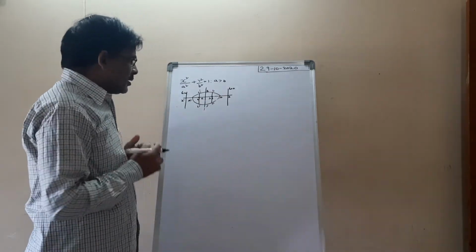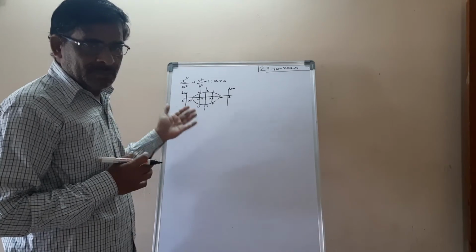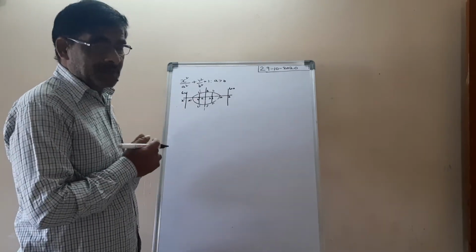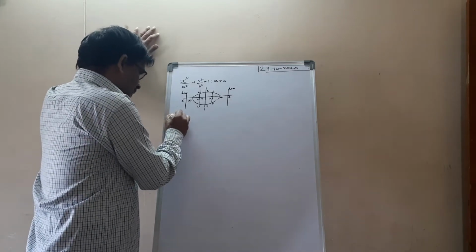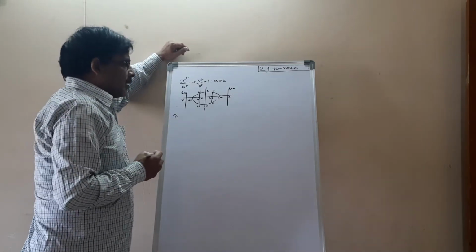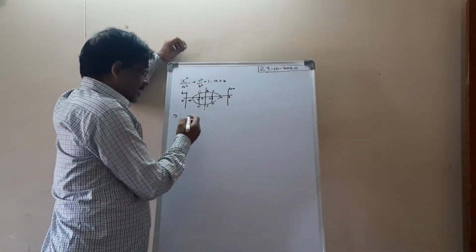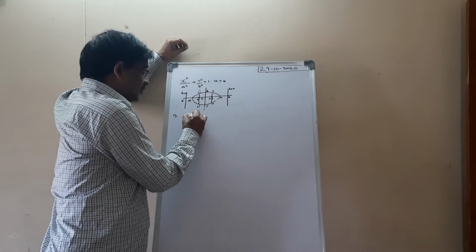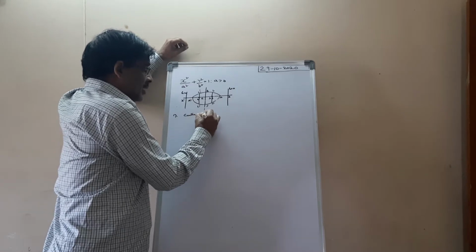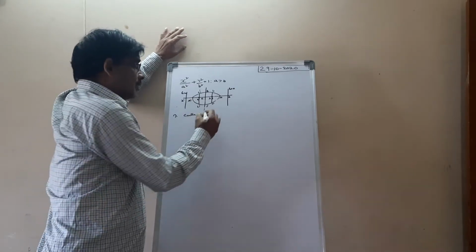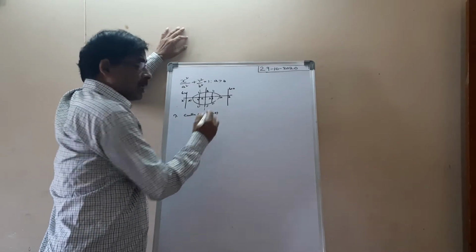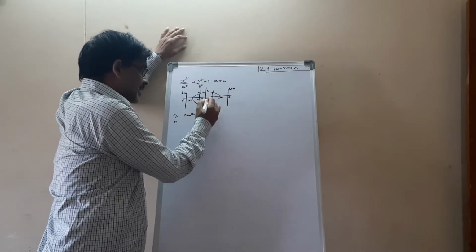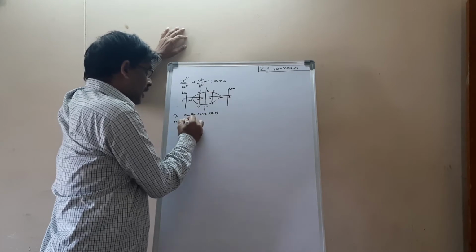I will write some points here. These are all true for this ellipse. First one, please refer to your previous videos here. What is center? The coordinates of center are 0, 0. Next, after center, focus.